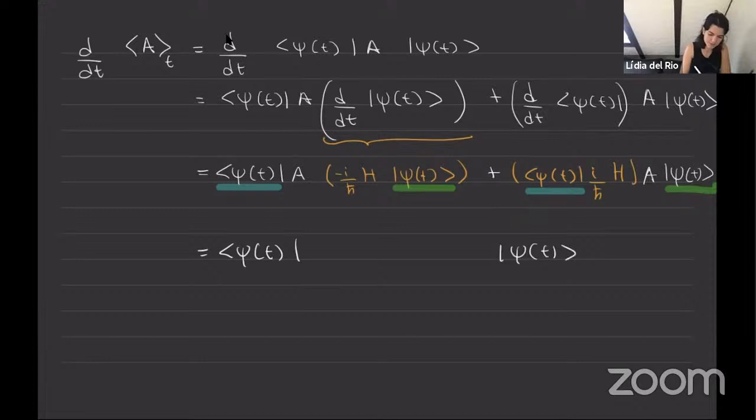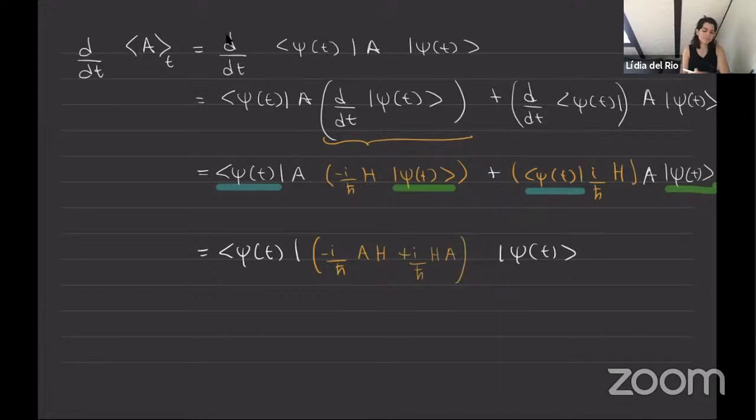And let's see what's in the middle. So we have minus i over h bar HA, plus i over h bar HA.